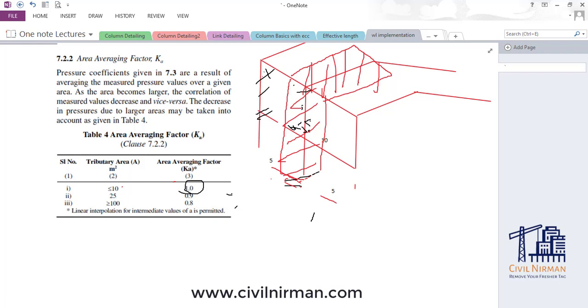Now again, if you are modeling for a full height, let's say you have a 10 meter height of full steel column, but they have considered the wall part up to 3 meter, for the steel frame you have to consider the full height.